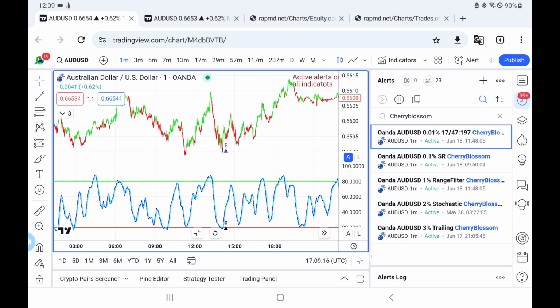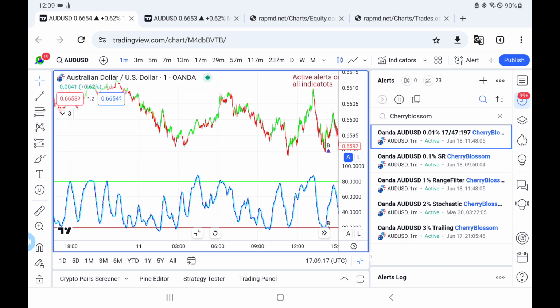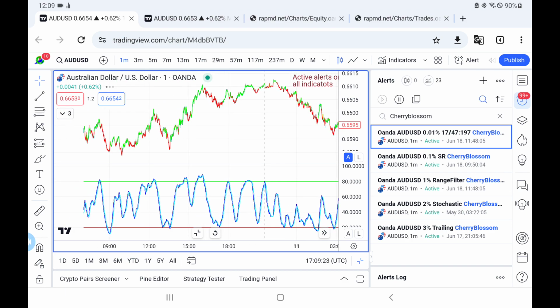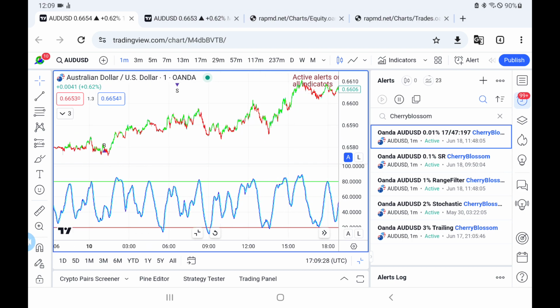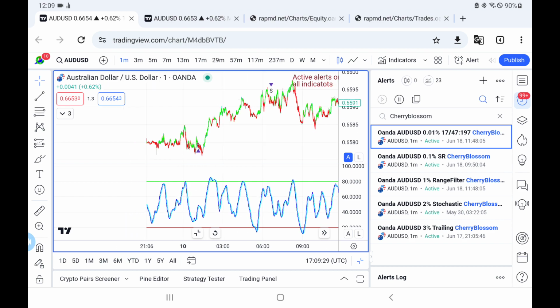We have the first buy signal, but because we are shorting, we are only interested in sell signals. And this is literally 2% of the totality of the budget.